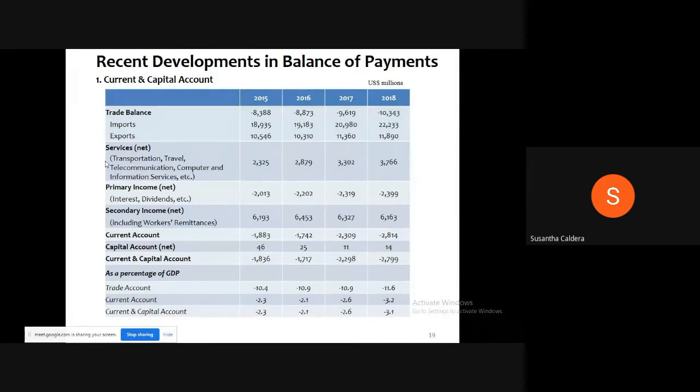Can somebody give some explanation to this, how it has gone up? Due to the exchange rate? Yeah, excellent. This is mainly due to the exchange rates. Nothing else.